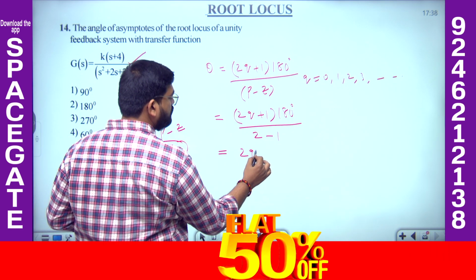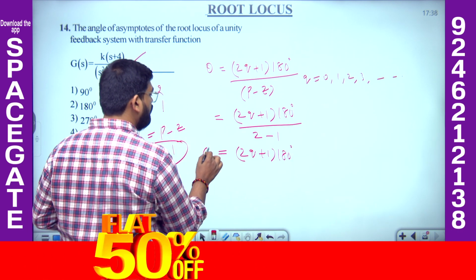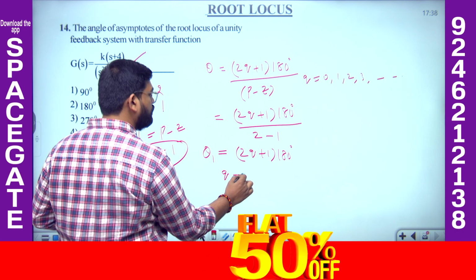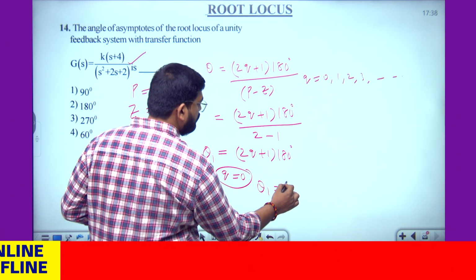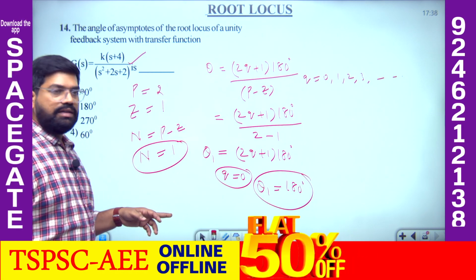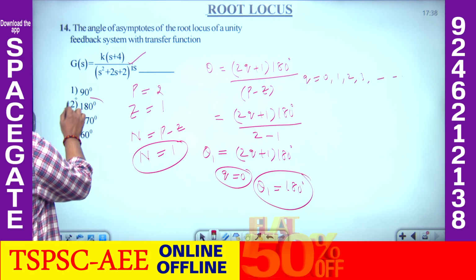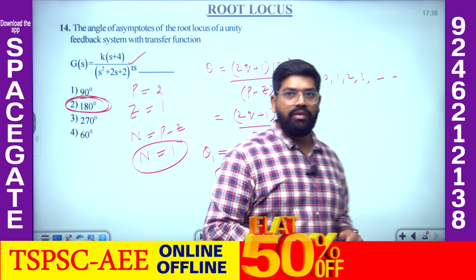So 2q plus 1 into, only one asymptotic angle. Only one asymptote means q is equal to 0, you need to substitute. So what is the asymptotic angle? Q is equal to 0 means 1 into 180, so the asymptotic angle is 180 degrees. So which option is correct? 180 degrees is the angle of asymptote, right or not?